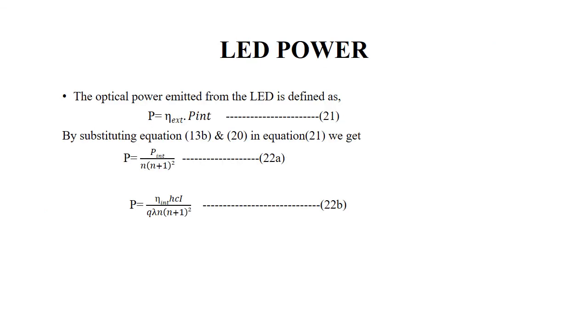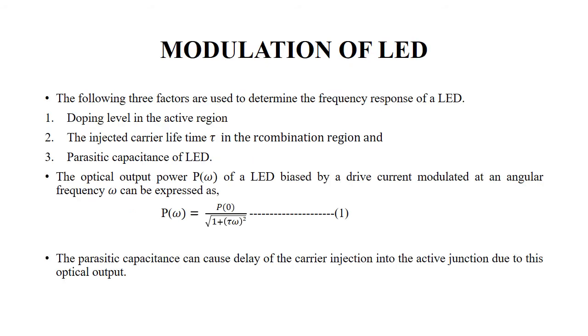The optical power emitted from the LED is defined as P equal to eta external times P int, that is P equal to P int divided by n into (n plus 1) the whole squared, or P equal to eta int h c I divided by q lambda n into (n plus 1) the whole squared. The next topic is modulation of LED.